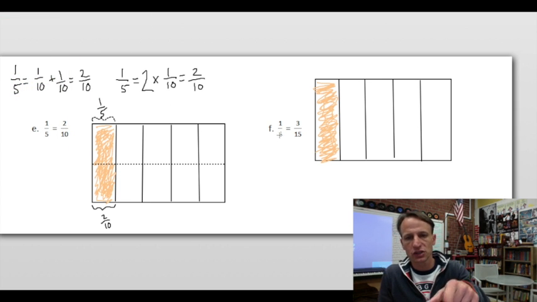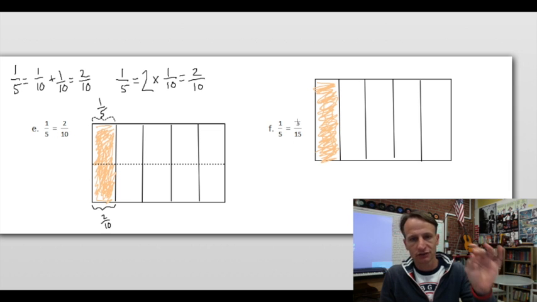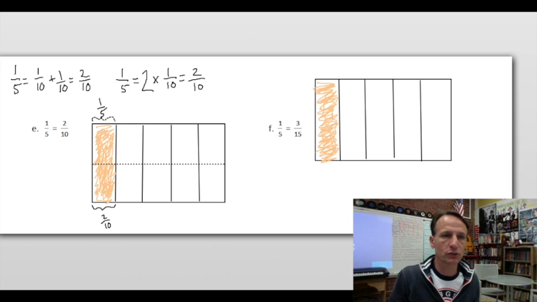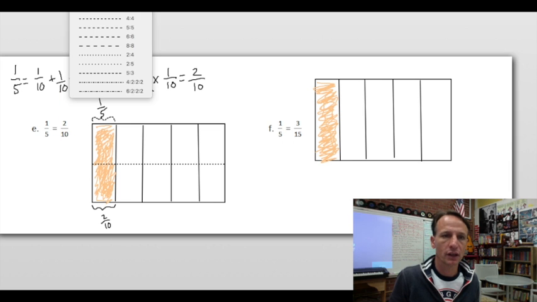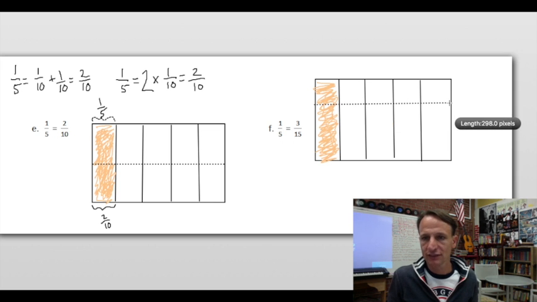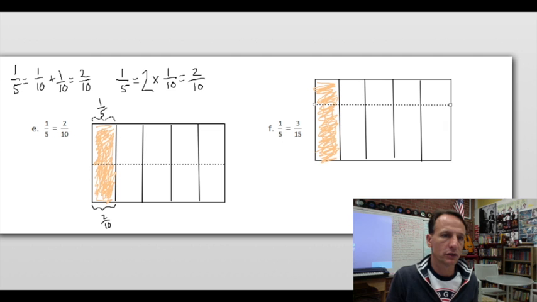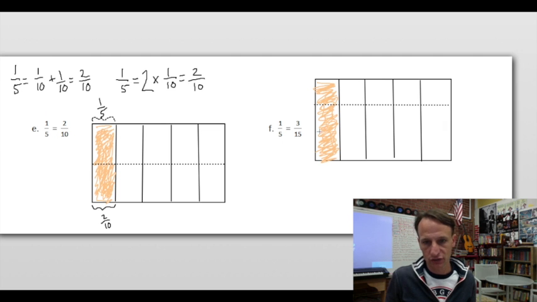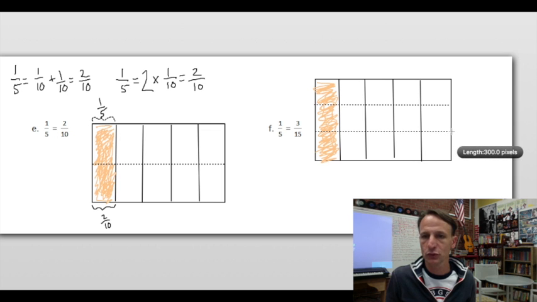Okay, now I need to partition it. What's the relationship between 5 and 15? What's the factor there? It's a factor of 3. 5 times 3 is 15. So I need 3 rows, for which I need to draw 2 lines. Now, if you make the mistake of drawing 3 lines, because you're doing as I say and checking yourself always, does my answer make sense? I've been saying that since lesson 1 of module 1.